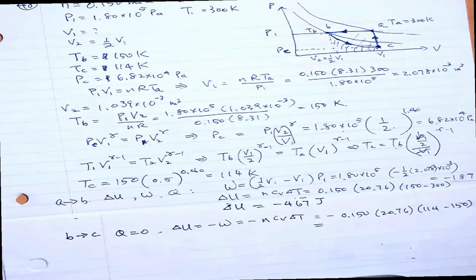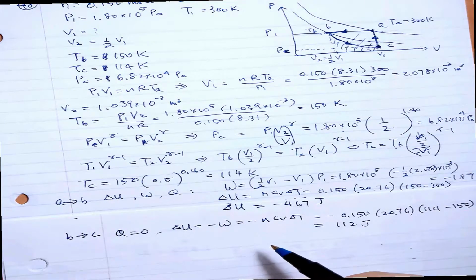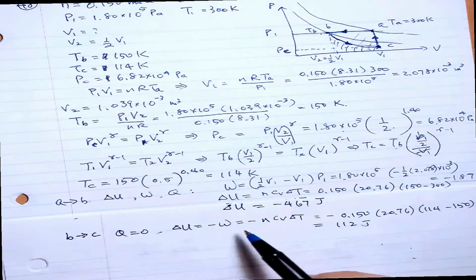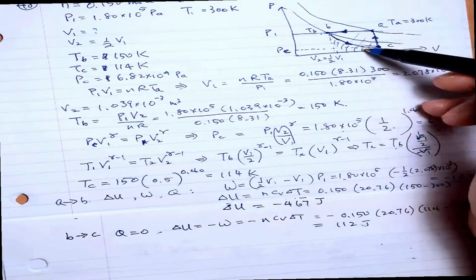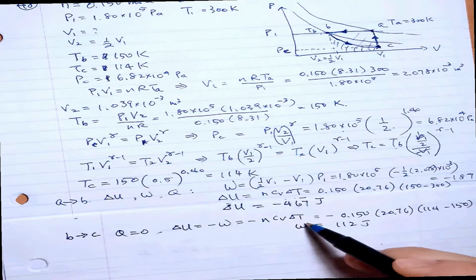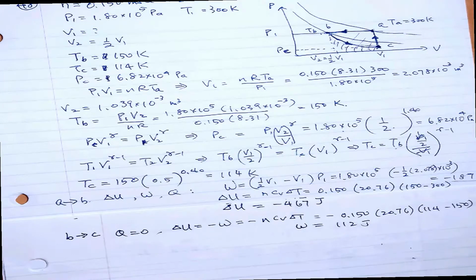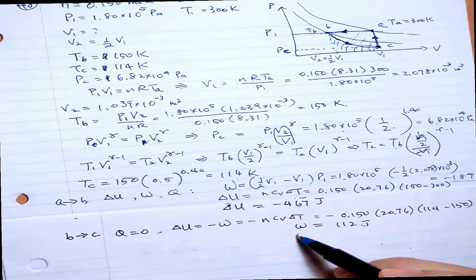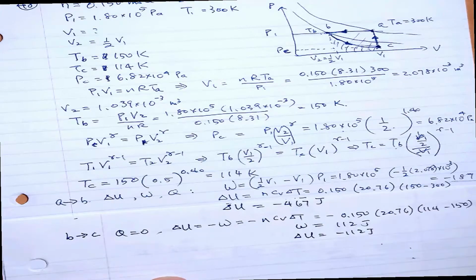So we get 0.15 times 20.76 times (114 minus 150). You get 112 joules. Because they add up to 0, and the work is actually positive from left to right here, this is actually the work of 112. But then the delta U will have to be negative 112 joules, because they add up to 0.